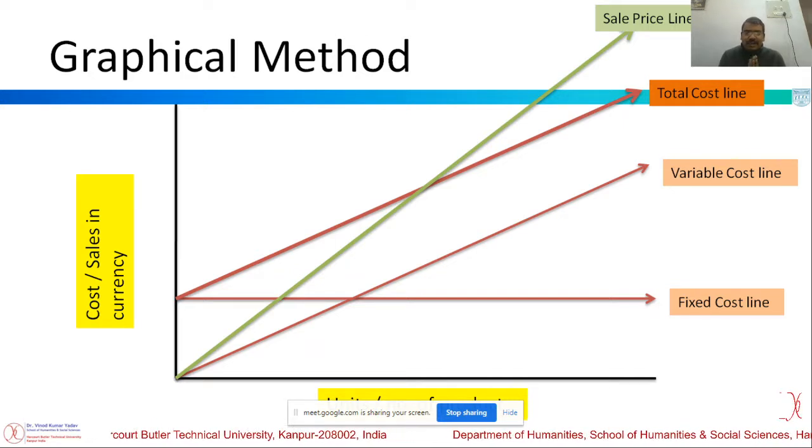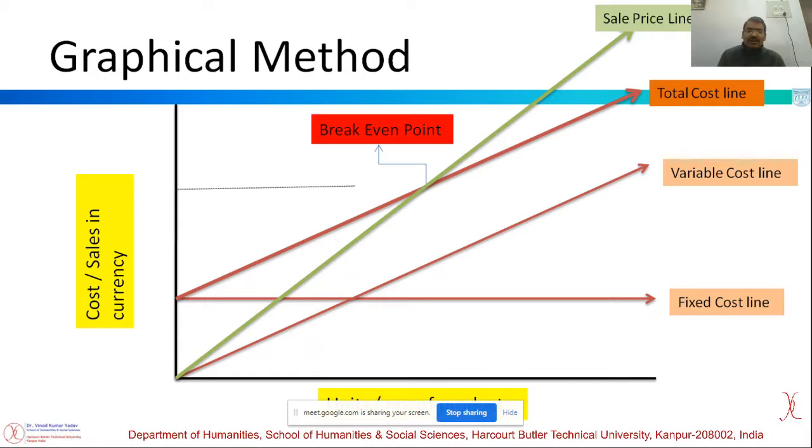There is a point at which this line cuts the total cost line. This is a point where, for these number of products, your cost and sales revenue become similar.